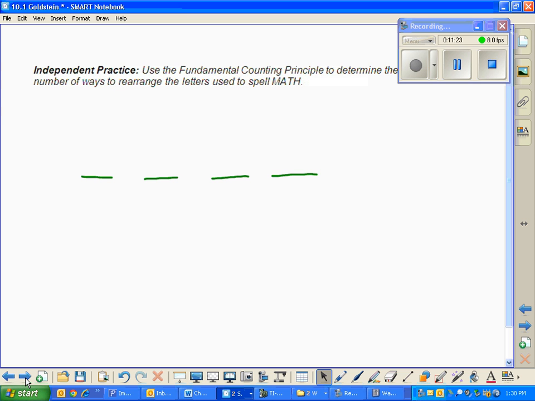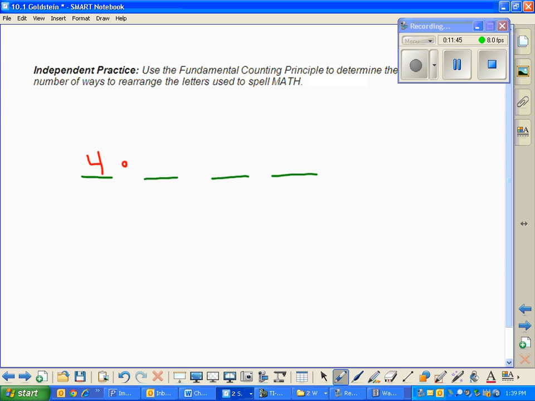So think about, not quite. I mean, that's the right answer, but think about how many options do we have for this first spot? 4. We have 4 options. We can pick M, we can pick A, we can pick T, or H. We have 4 different options.